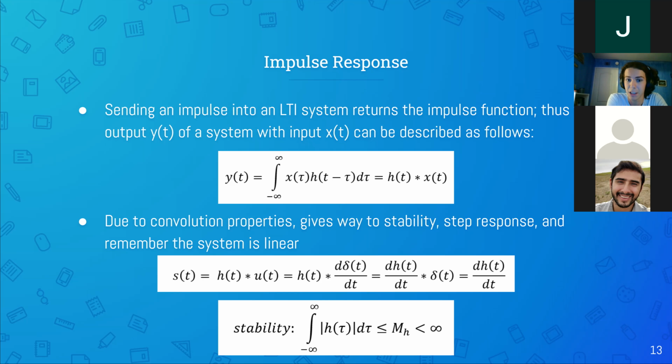Let's say you're trying to find what the h of t of the system is, what the impulse function of the system is. If you input a delta function into the system, remember, the system's operation is that it convolves whatever signal you put into it with its impulse function. So if you put an impulse into the system, then the impulse function is convolved with the delta function, which just means it spits out itself. It spits out its own function. And that's sort of the idea of the impulse function, is that you get something out of it by poking the system.